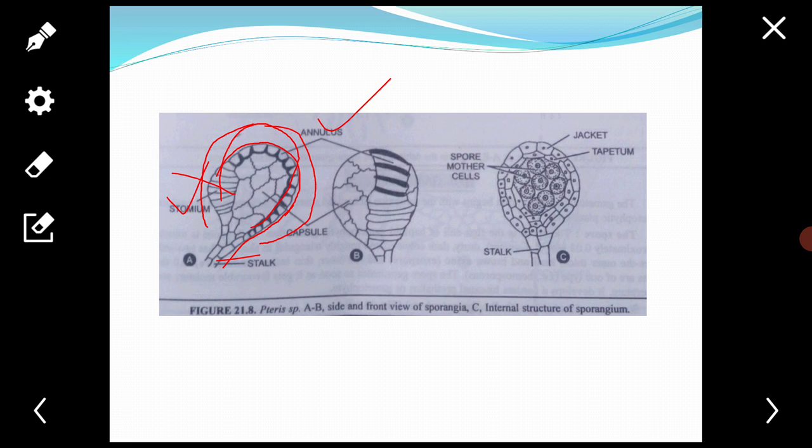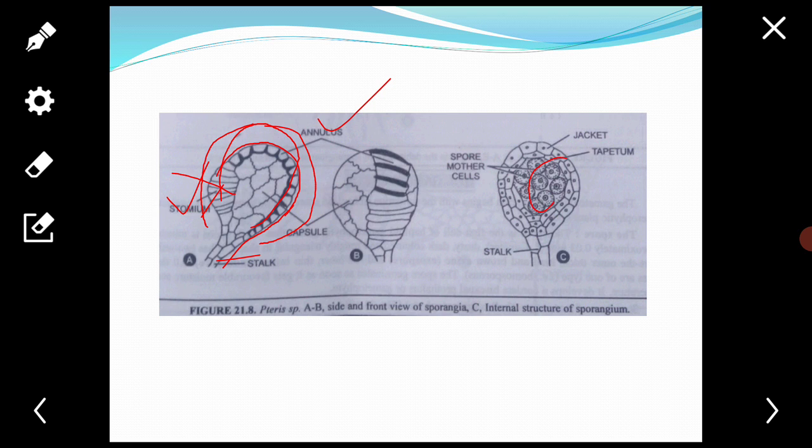The upper two cells, which join the annulus, are called epistomium, and the lower two, which join the stalk, are called hypostomium. The capsule or sporangium wall encloses about 48 dark colored homosporous spores.